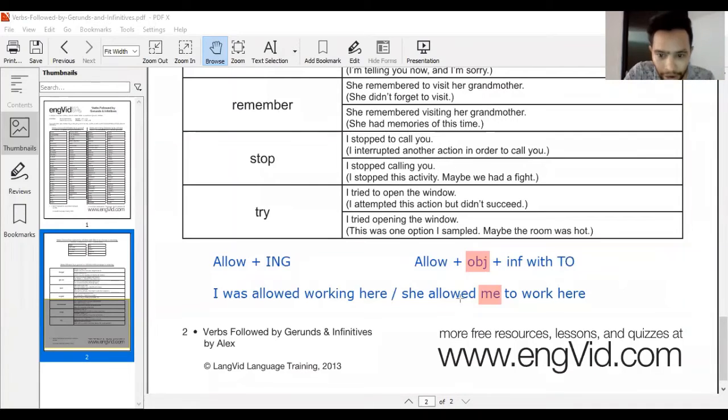So when you have an object with the verb allow, then you have to use the infinitive with to, like in this example, to work here. But if you don't use an object, like in the example right here, I was allowed working here, you need to use the ing form mandatorily.